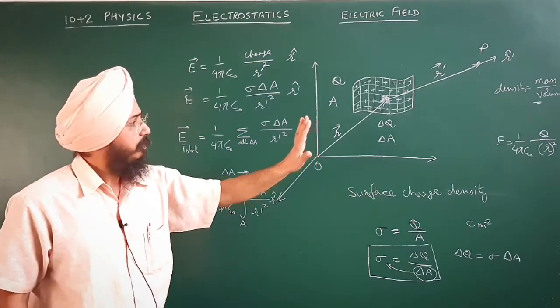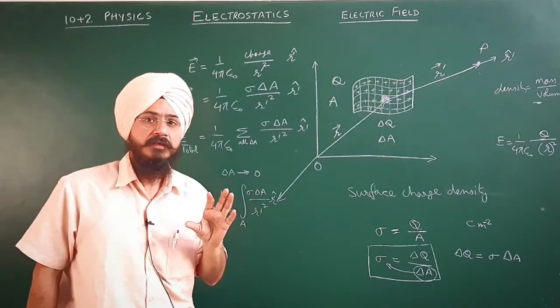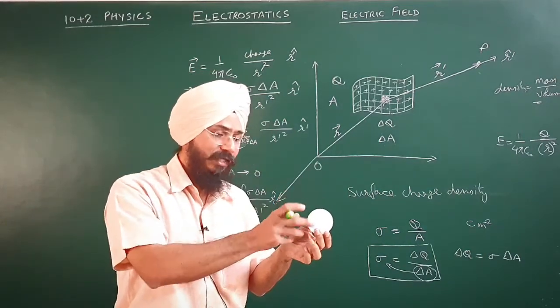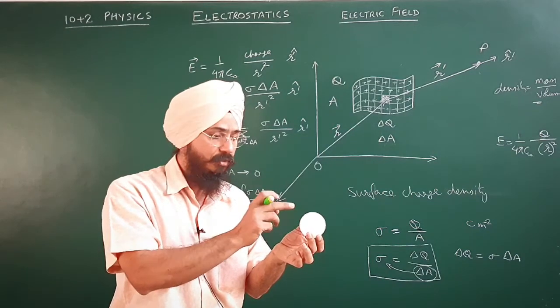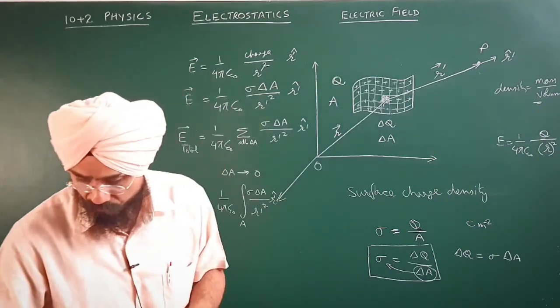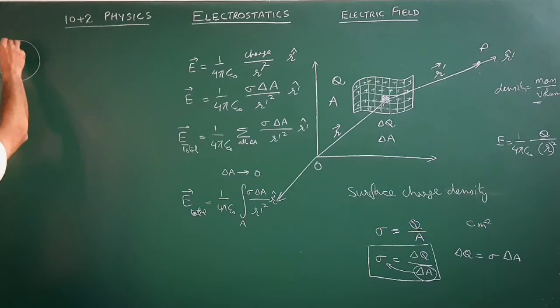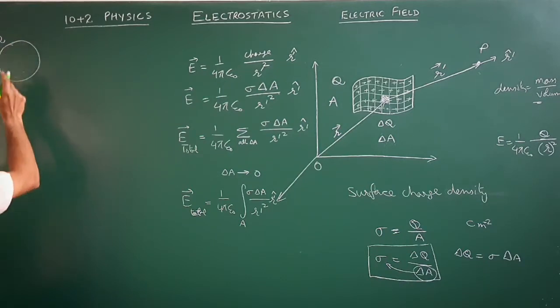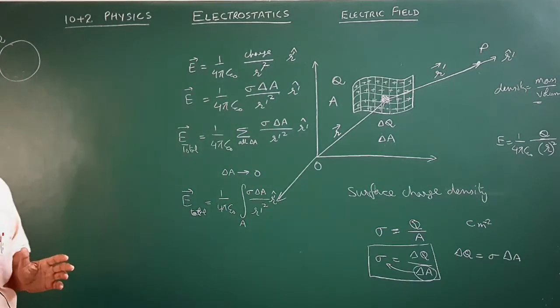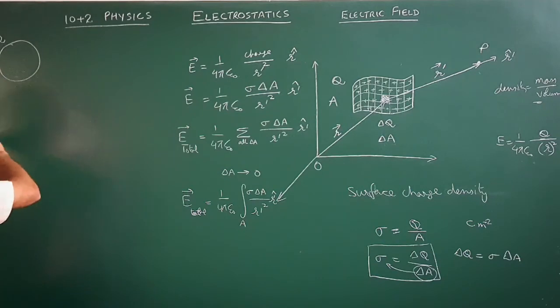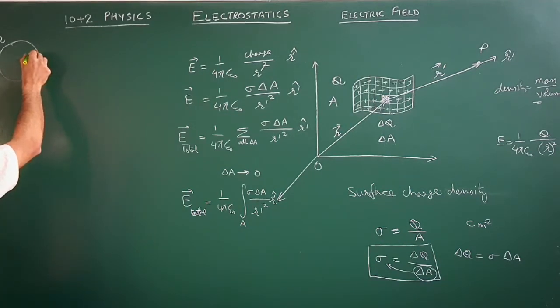Now if the problem in consideration is a 3D object, like I have shown you earlier, a ball, and this ball has a charge on it and we have to calculate the electric field of this ball at any point in its vicinity, what we will do is this: the total ball has a charge Q and a volume, so we may consider the total volume is V, and I can consider a small volume element on the ball.